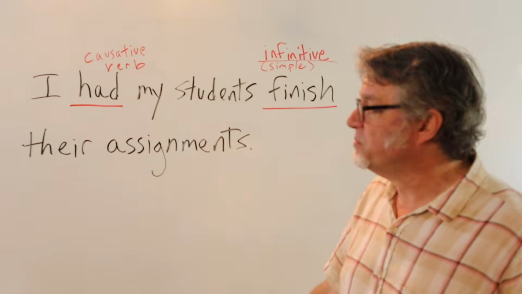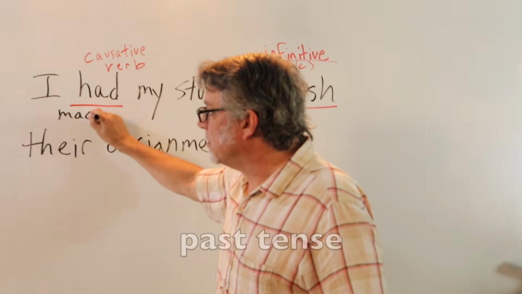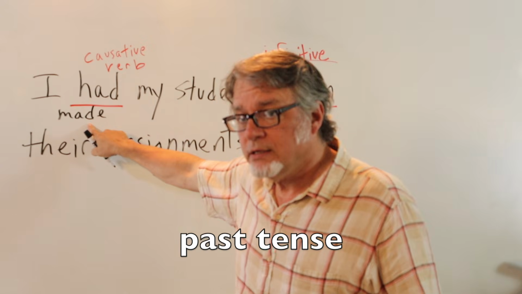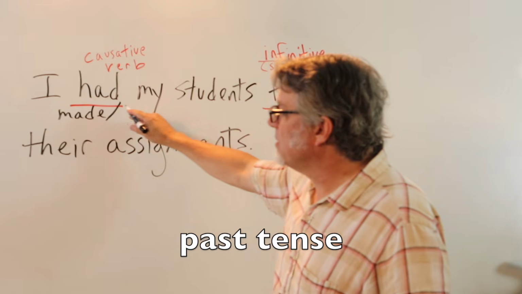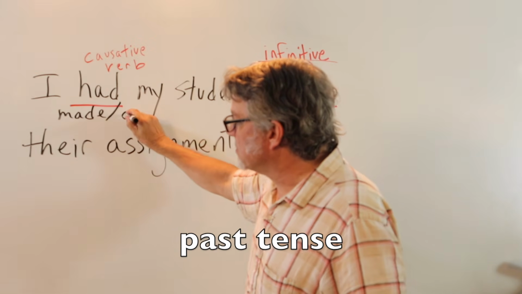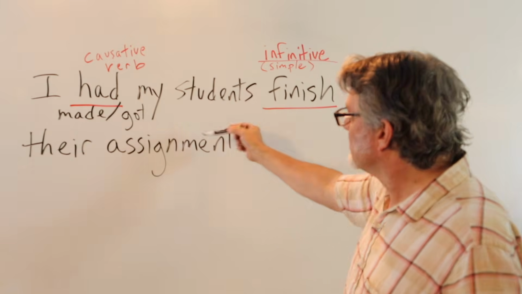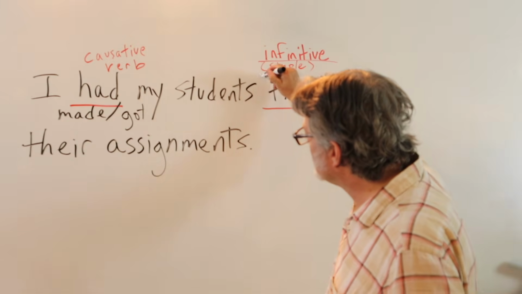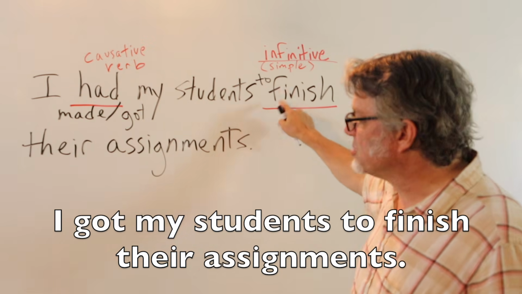Other causative verbs are make. Here I could use made, or get. If I use get in the past tense, it's got. I got my students, and then I have to use to, then the infinitive, to finish their assignments.